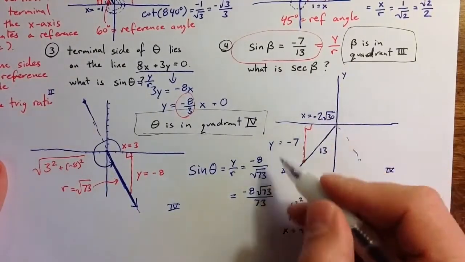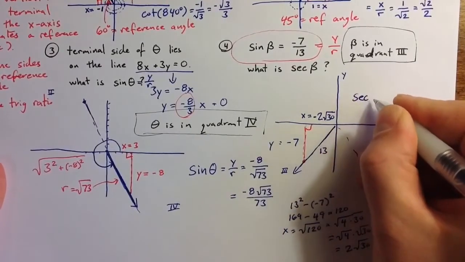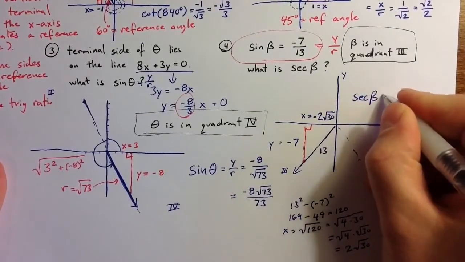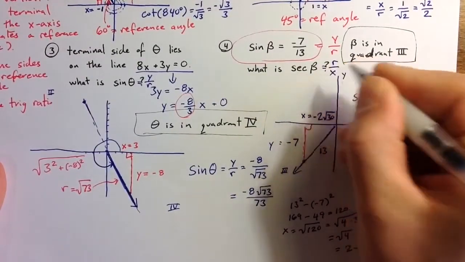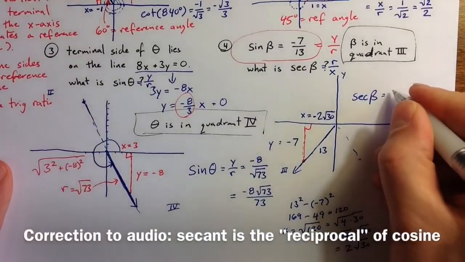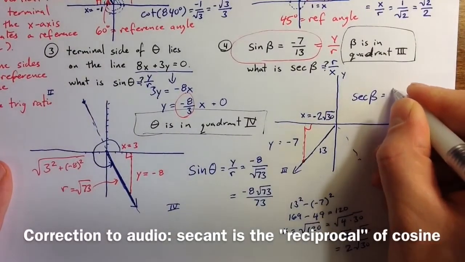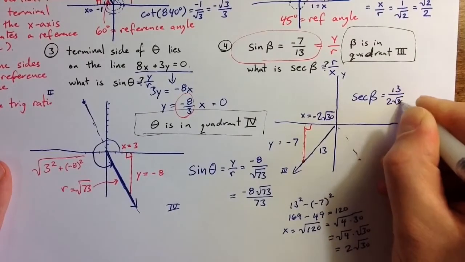So now that we've set up the reference triangle, we can finish the question. Secant of beta in general is the r value over the x value. It's the inverse of cosine. And so I get 13 divided by 2 square roots of 30.